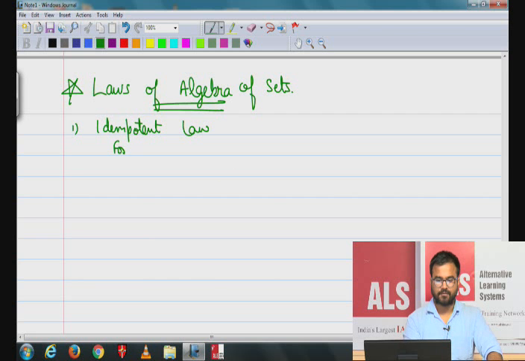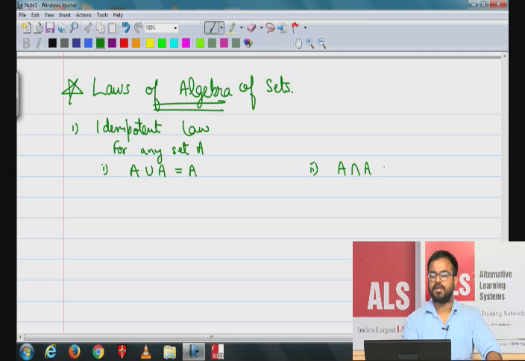It means for any set A, A union A will always be equal to A, and A intersection A will always be equal to A also. And how we can prove this one?